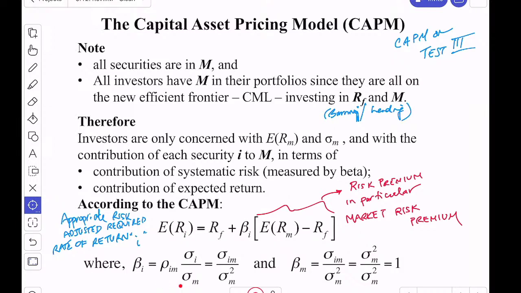Beta can be calculated as that slope, either this way or this way, depending on the information you've been given. And keep in mind that the beta of the market is 1, because what does it mean? It's the sensitivity of market returns to market returns. The beta of I is the sensitivity of I's returns to market returns.